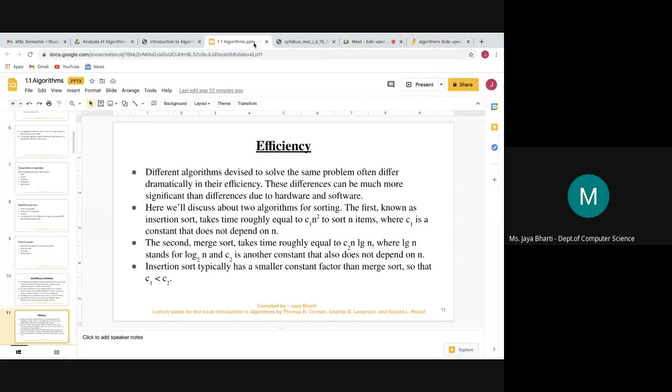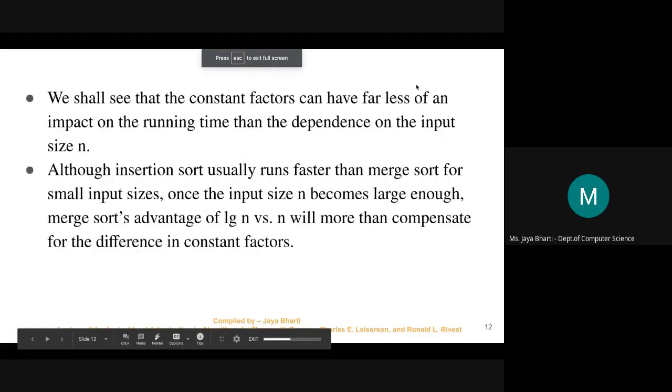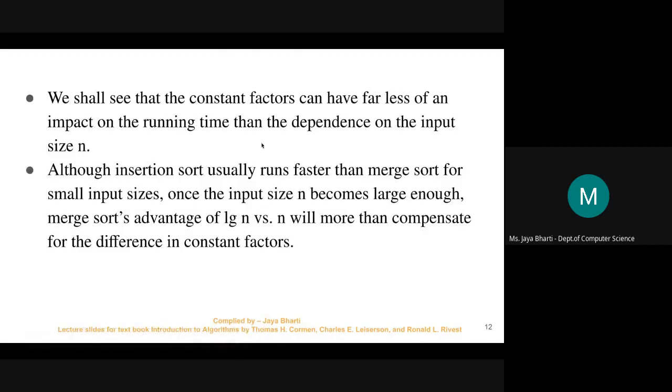Now we are going to compare it for a fixed number of input values. We shall see that the constant factor can have far less of an impact on the running time than the dependence on the input size n.